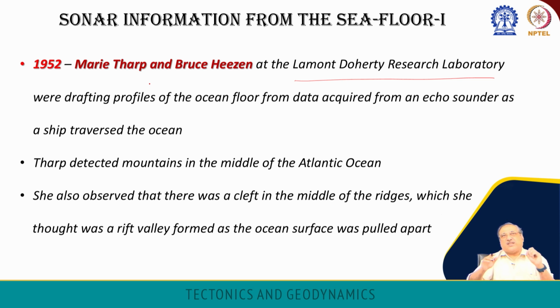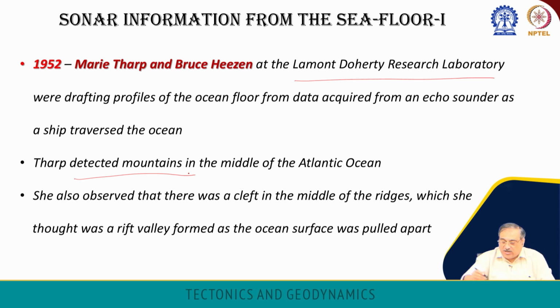Now, Marie Tharp was an extremely dedicated scientist, and what she did for the first time is, once she was looking at the seafloor, she detected that right in the middle of the Atlantic Ocean, there were mountains. In fact, she managed to find out that it was a mountain range running all through the middle of the Atlantic Ocean.